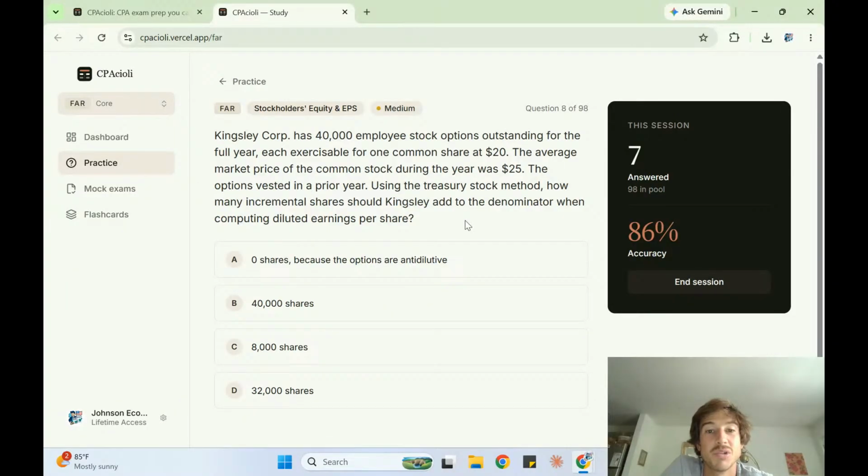How many incremental shares should Kingsley add to the denominator when computing diluted earnings per share? How many incremental shares should Kingsley add to the denominator? Okay.